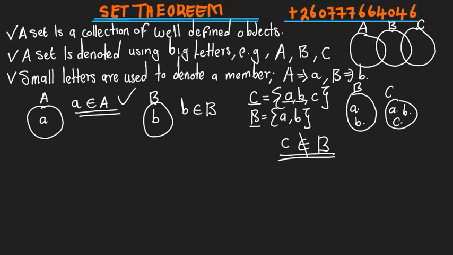Why? Because we do not have C element in set B. So these operations are very simple for you to understand, and you need to take note of them.